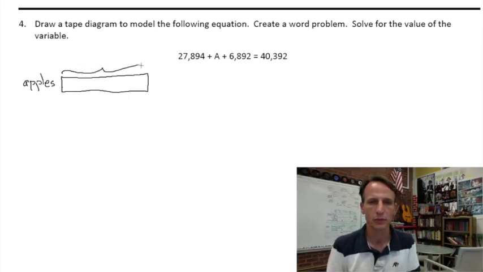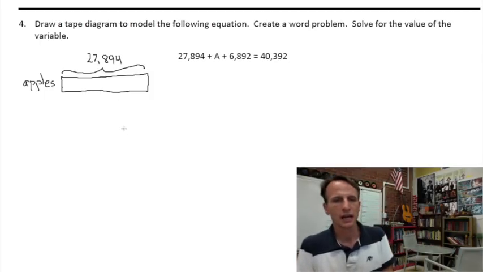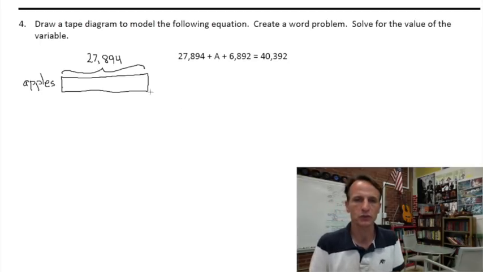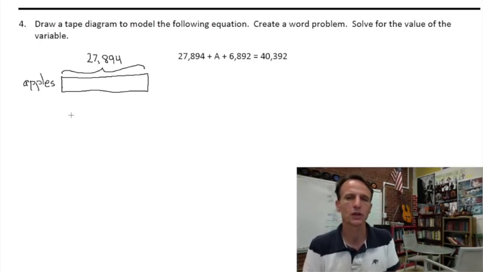And I'm going to do with a bracket up here, 27,894 apples. And then we have this A amount, which we don't really know. So let's leave that for a moment. We'll come back to it.